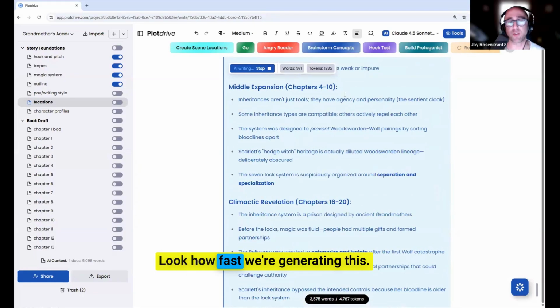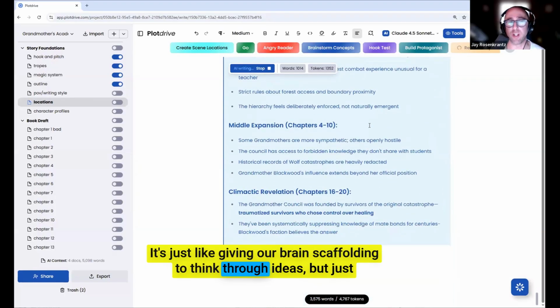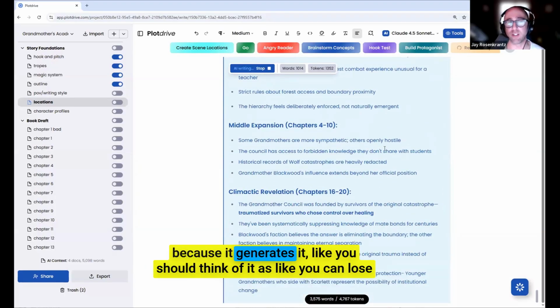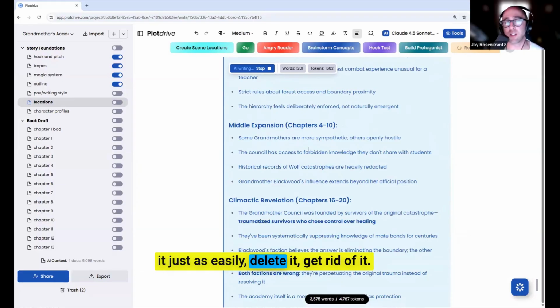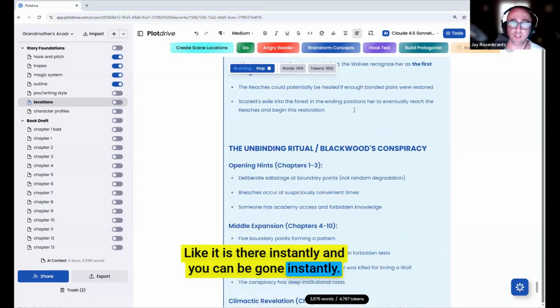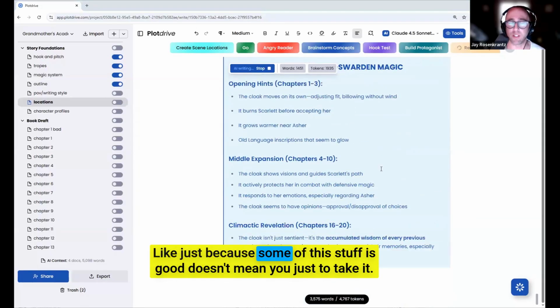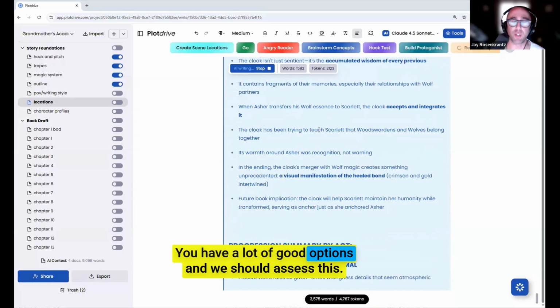Yeah, absolutely. Look how fast we're generating this. It's giving our brain scaffolding to think through ideas. But just because it generates it, you can lose it just as easily. Delete it, get rid of it. It is there instantly and it can be gone instantly. Just because some of this stuff is good doesn't mean you need to take it. You have a lot of good options.